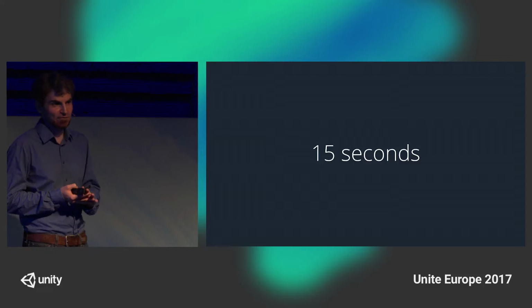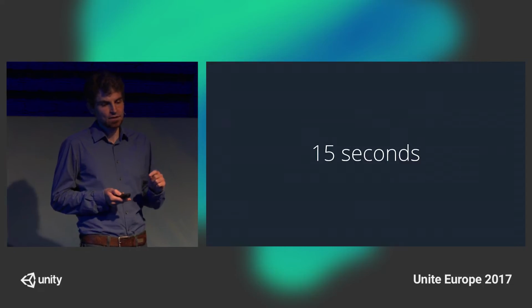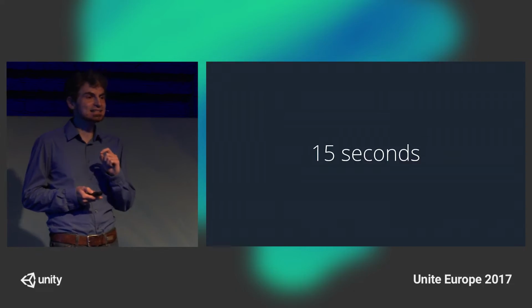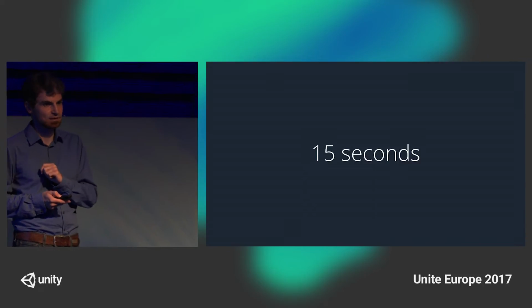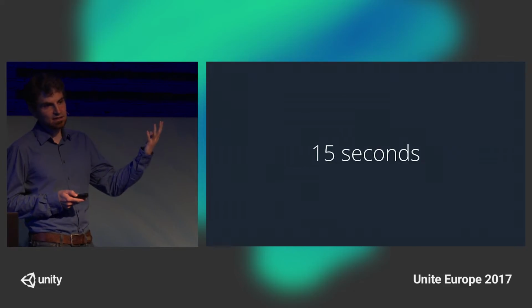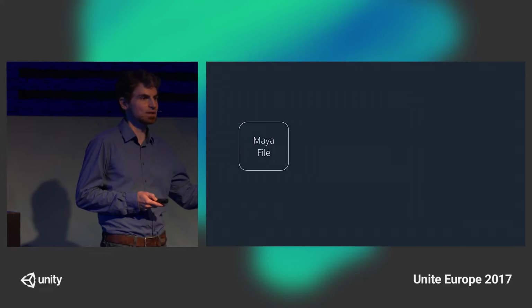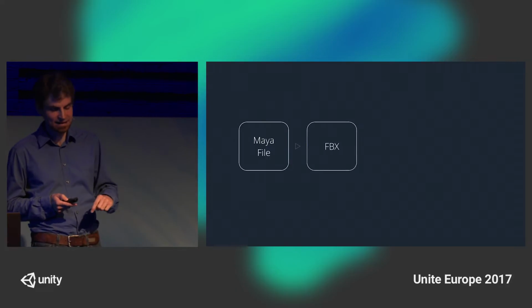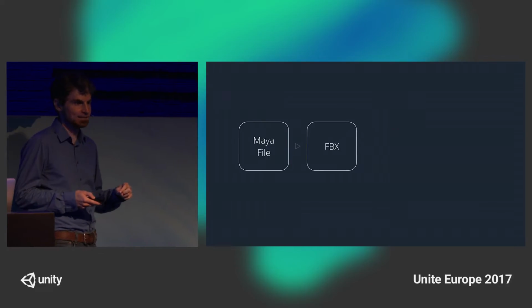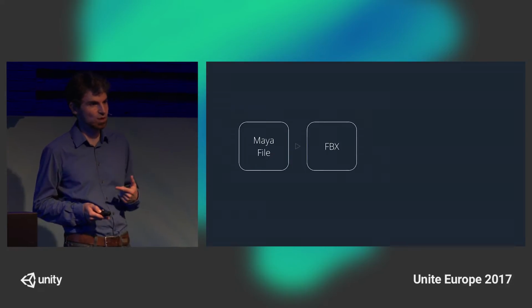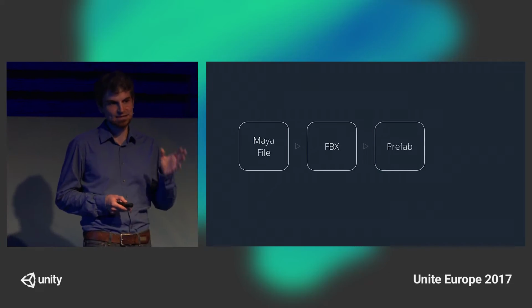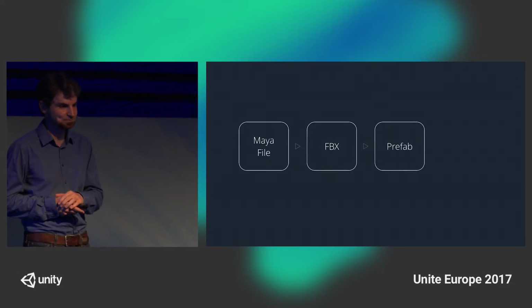Now, how can we solve that? To find a solution, let's look at our pipeline again. At the very beginning, we start out with a Maya file, right? It's done in Maya. It's exported as an FBX. And then our automated content window creates prefabs out of these FBXs.